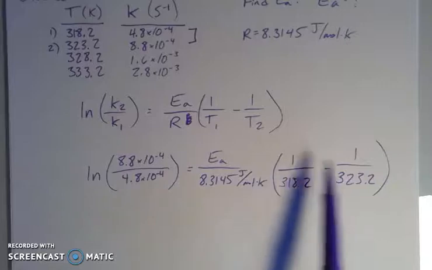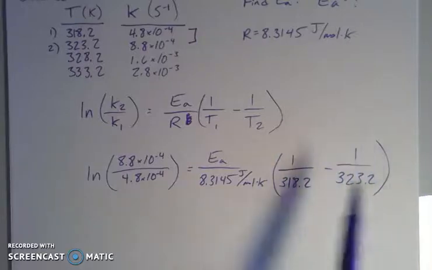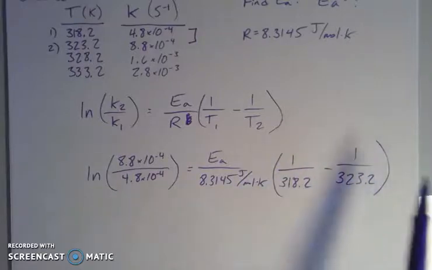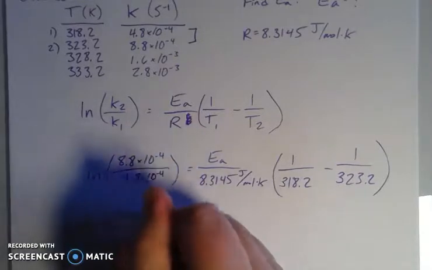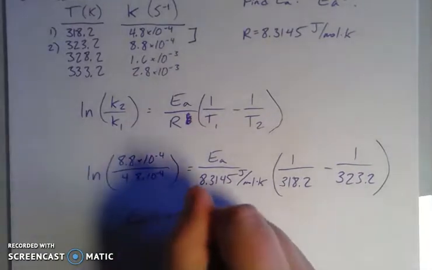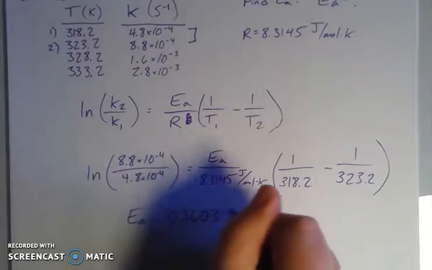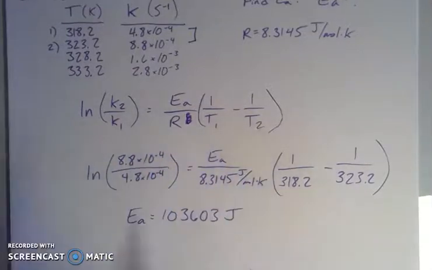I would probably do this all as one number, just to make sure that you don't forget to take the inverse of things and make sure that your numbers have magnitude that makes sense. So we ultimately end up with an EA that is equal to this number. Now again, because of the units on my R, this is going to give me units of joules for my activation energy.